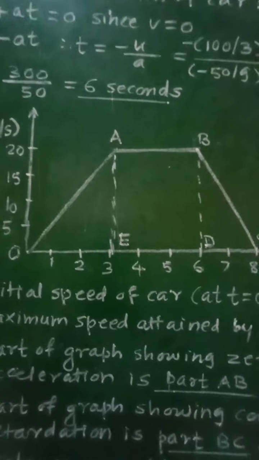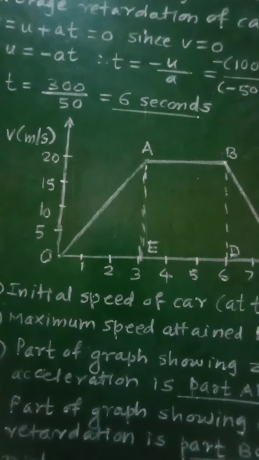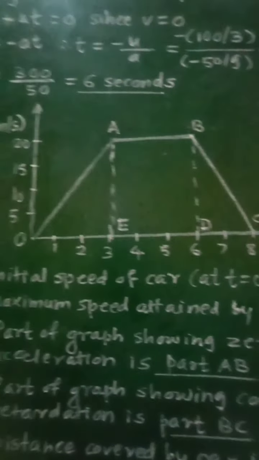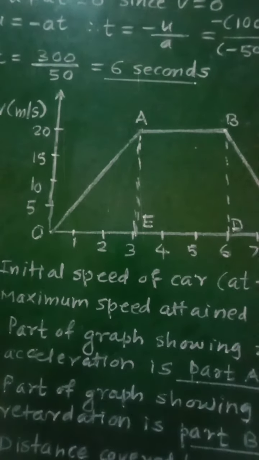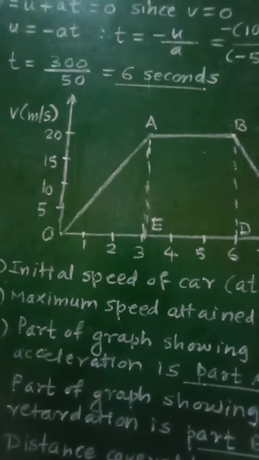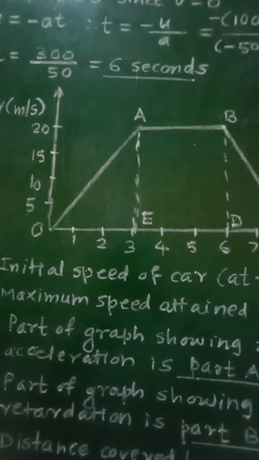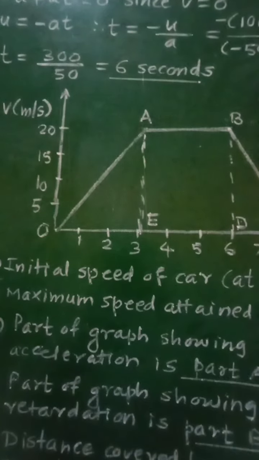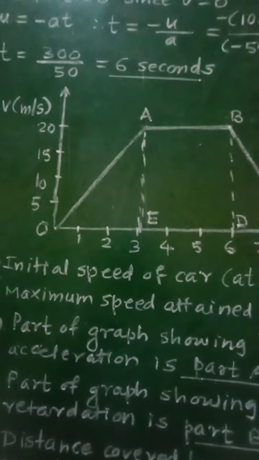So in this figure, the graph of velocity against time is given, and from this graph we will have to find out, first, the initial speed of the car, second, the maximum speed attained by the car, third, the part of the graph showing zero acceleration, then fourth, the part of the graph showing constant retardation, and fifth, the distance traveled by the car in the first 6 seconds.